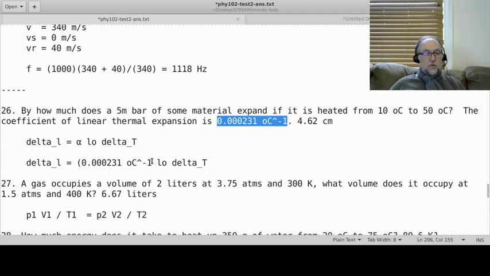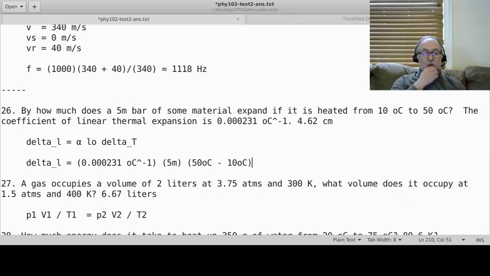So there's your coefficient. And L naught is the original length of the bar, which I told you was 5 meters. Your delta T is the high minus the low temperature, 50 degrees Celsius minus 10 degrees Celsius.